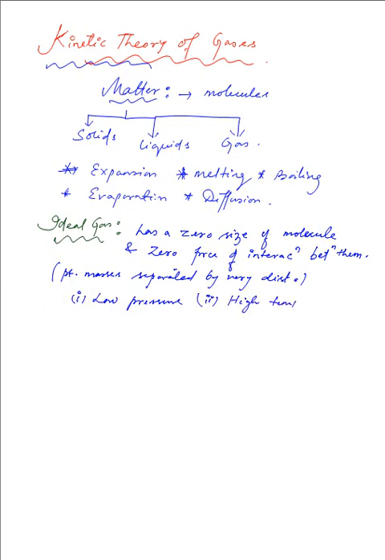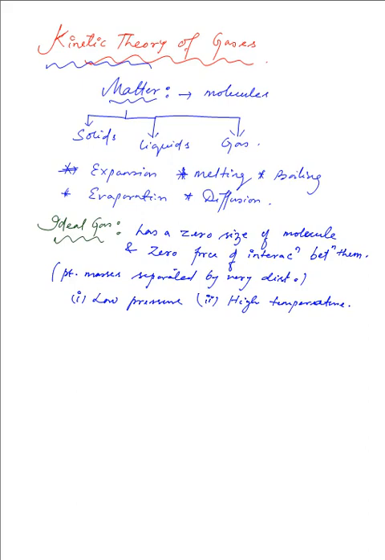At low pressure, the molecules tend to remain away from one another at large distances. So is the case at high temperature. The molecules tend to remain at far off distances from one another.